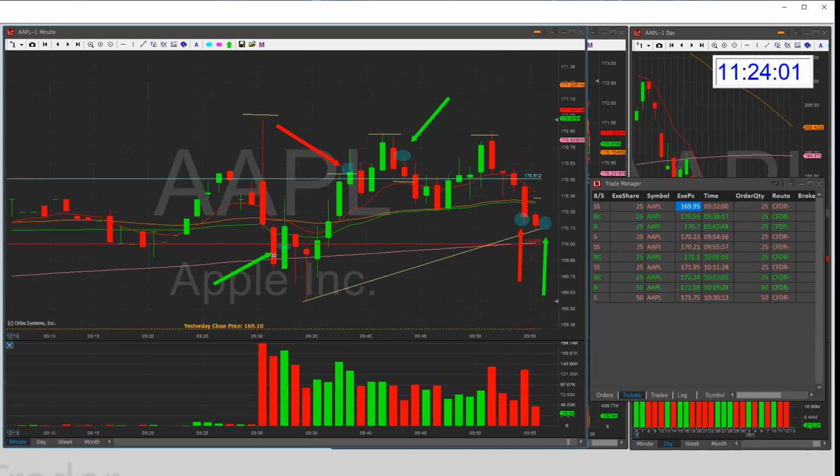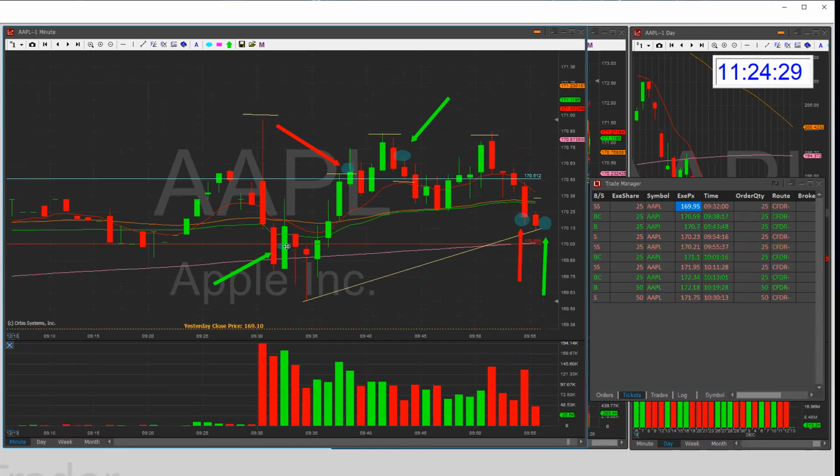I was thinking, okay, if I take this short right now, I would risk 170.50. The next candle opens fairly flat, and it didn't run right up quick. It held a little bit under this 200 SMA, and as it came up, I took the short here at 169.95.